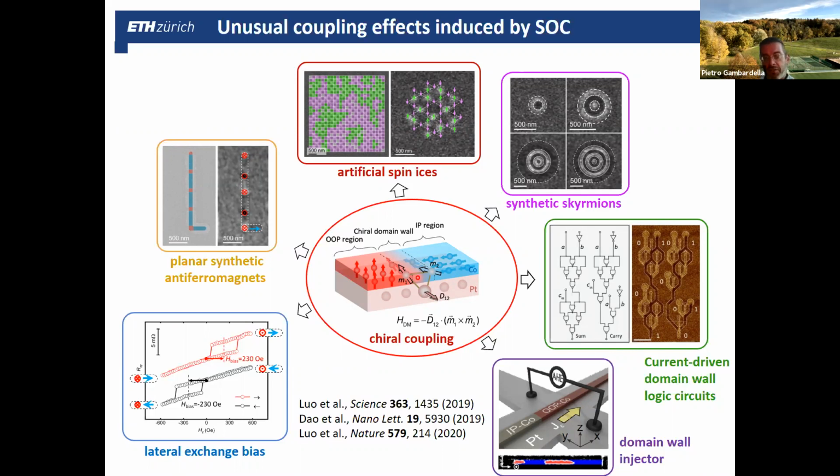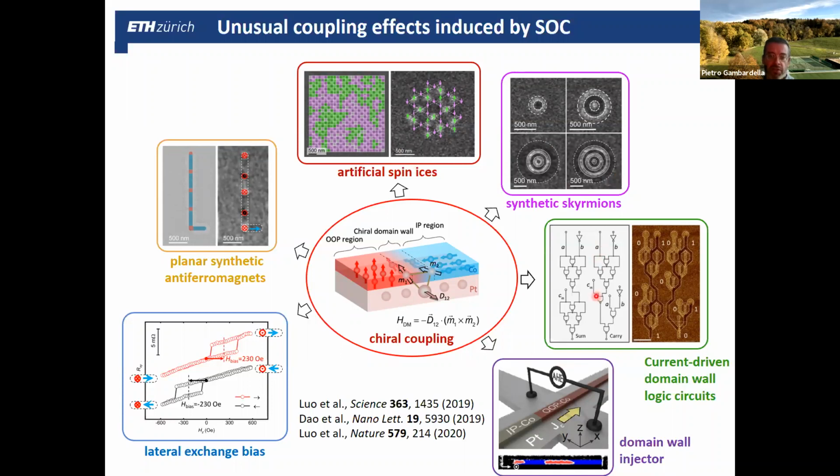Okay. And this coupling effect can be used to essentially construct synthetic magnetic systems like synthetic antiferromagnets formed by chains of out-of-plane, in-plane, out-of-plane coupled magnets. One can pattern artificial spin ices or artificial spin lattices, even synthetic skyrmions with chiral magnetic configurations.